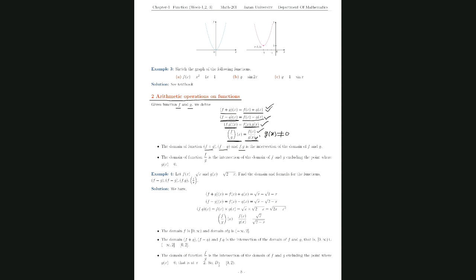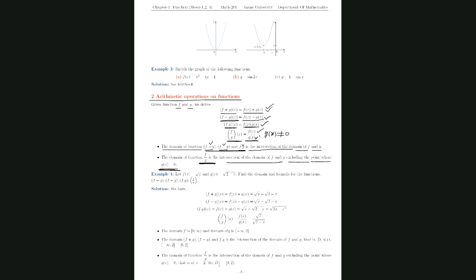See, the domain of f plus g, domain of f minus g, and domain of fg is the intersection of the domain of f and the domain of g. The common part of the domain of f and the domain of g. So these three domains are the same, there is no difference. Only the domain of f over g is different. It is the intersection of the domains of f and g, excluding the points where g equals zero.